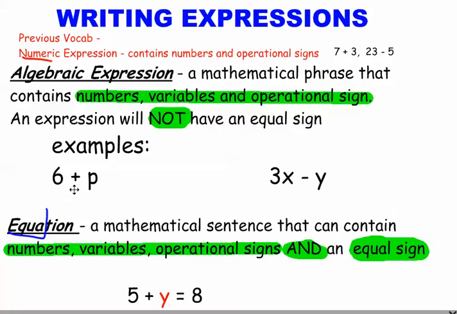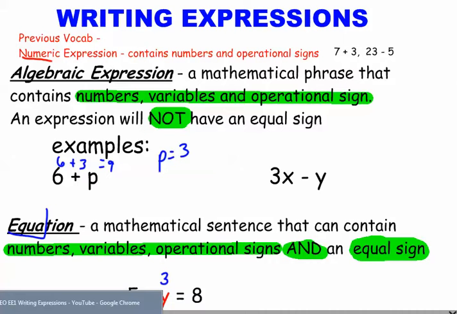Like for here, I would have to tell you that p equals 3. And then you would simply plug that in, 6 plus 3, and you could tell me that the answer is 9. But down here with an equation, since I told you what it's equal to, you should be able to solve it. So you would say 5 plus what would give me 8? Well, that would have to be 3.